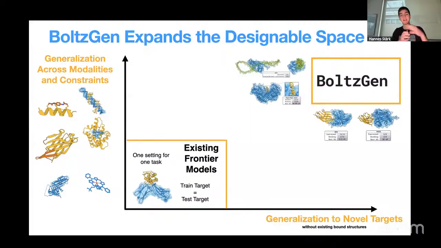And then the second thing, on the horizontal axis, what we want to achieve is to also generalize to novel targets, in the sense of targets that do not already have existing bound structures in the training data, because this is indeed how most existing models have been evaluated, where we usually test them on targets that have already been in the training data with existing bound structures.